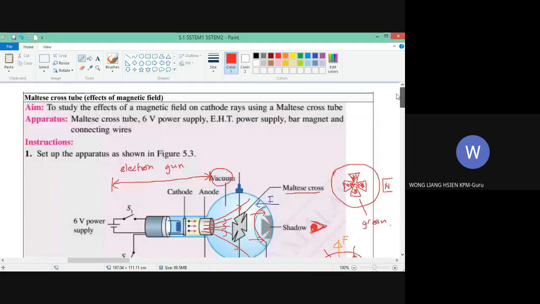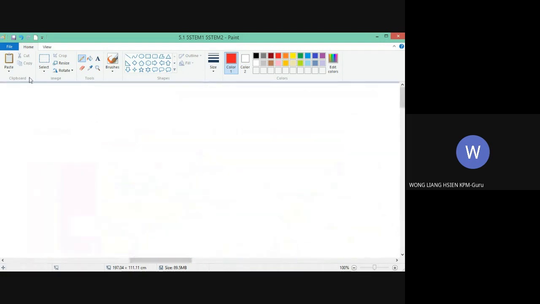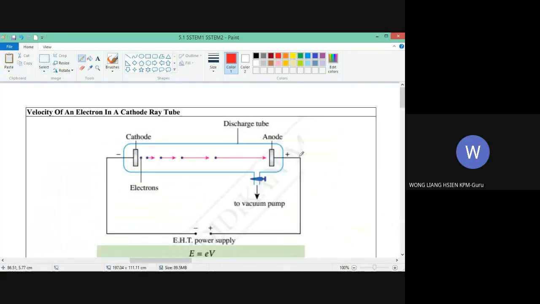Let me continue on top here. Like what we discussed just now, the electron undergoes acceleration and will reach the maximum velocity when it reaches the anode. So we want to find out how much this maximum velocity is.